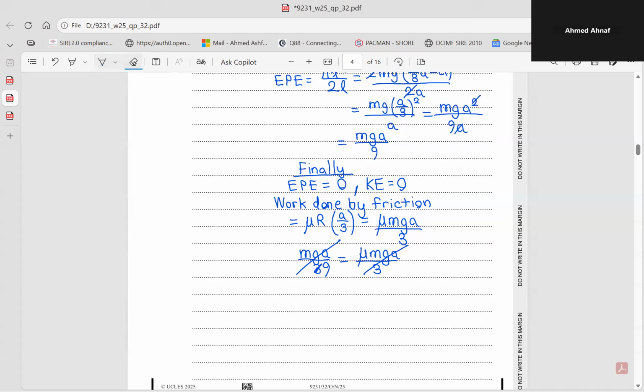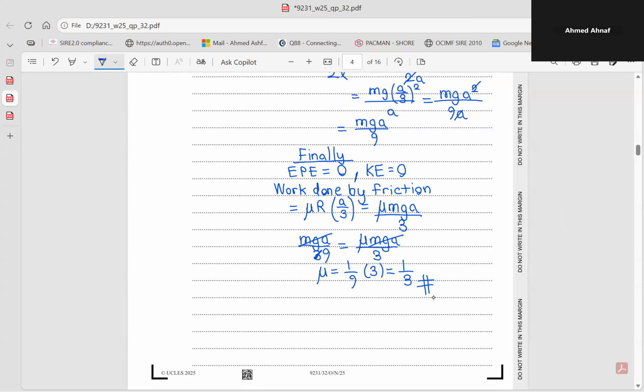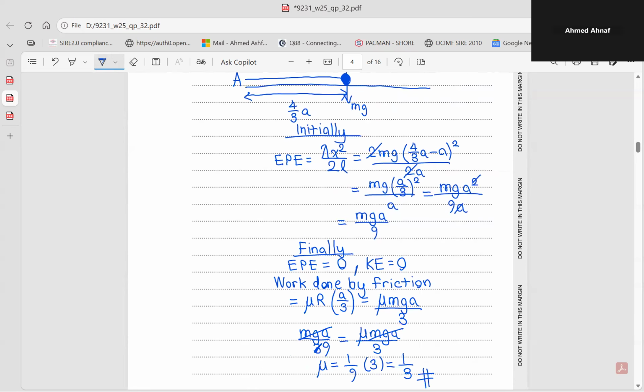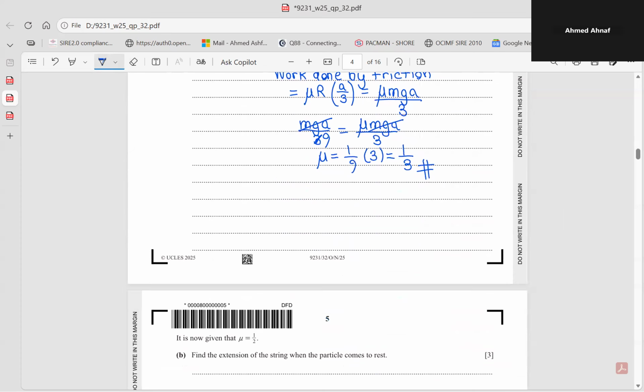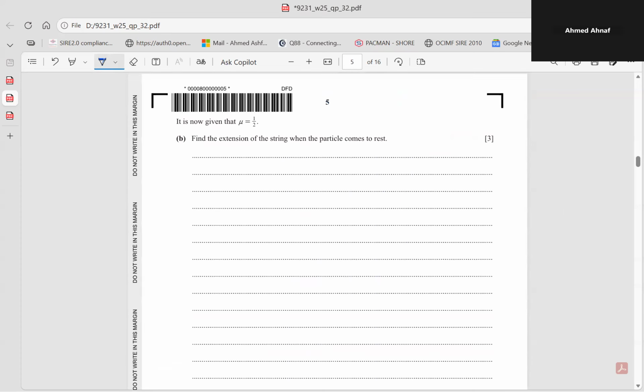Here only mg cancels out. Therefore, mu is just 1 over 9 times 3, which equals 1 over 3. So this would be the final answer for the first part. Let's move on to the next part.